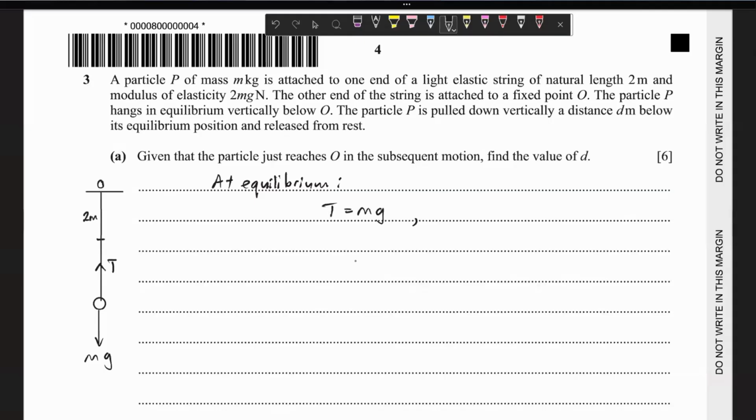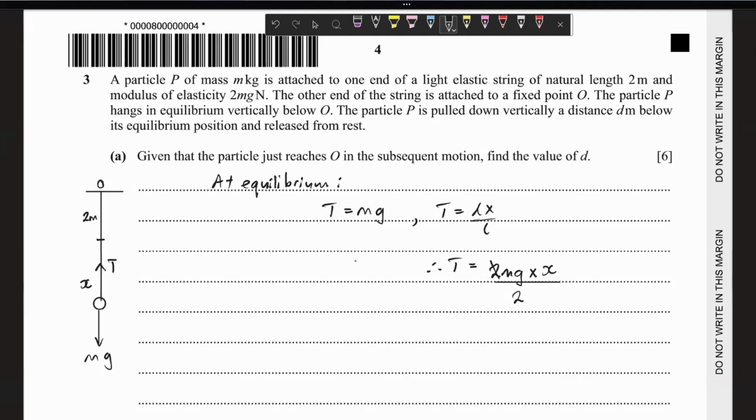And yet we know that T is equal to lambda x over L, right? Where lambda is the modulus of elasticity and L is the natural length. So therefore, T should be equal to lambda, which is 2 mg, times the extension x. So there's an extension here of x, and that's over L, which is the natural length, which is 2. All right. So basically, that's what we'll be having.